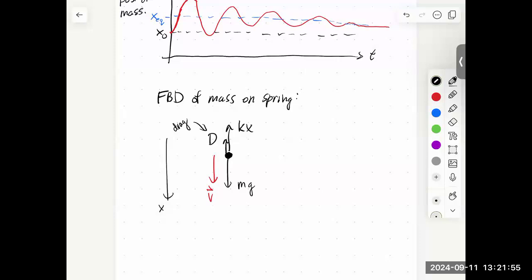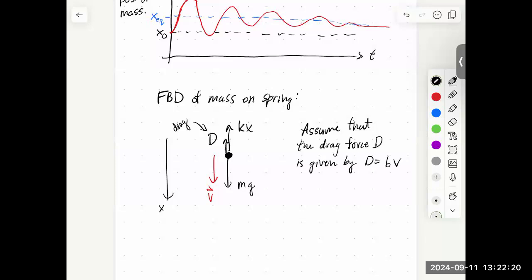Okay. So the other thing we'll do is we'll assume that the drag force D is given by D is equal to B times V. So in other words, the drag force is proportional to how fast the mass is moving.